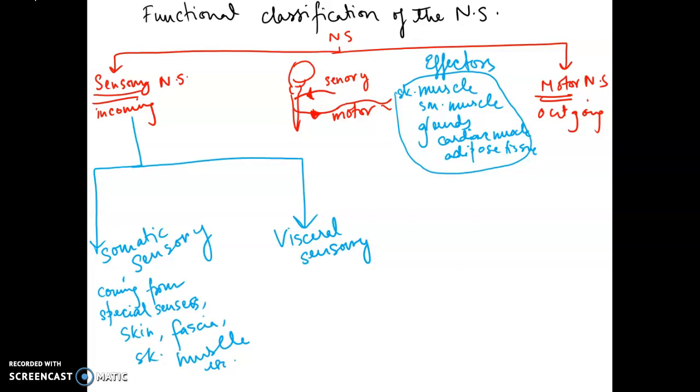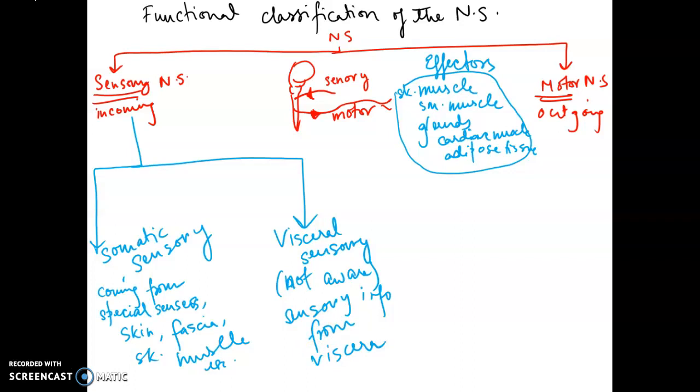We are not aware of this, right? We are not aware that our nervous system is receiving sensory information about heart rate, breathing rate. Those are visceral sensory. Remember, we are not always aware of these. Sensory information comes from viscera. We are not aware of these all the time.